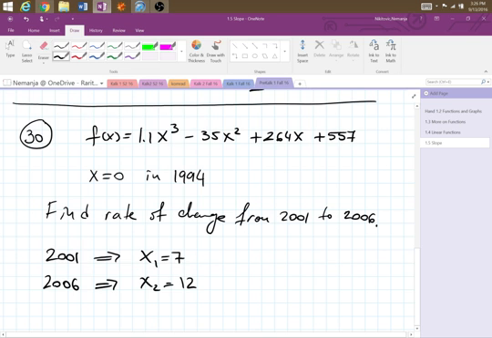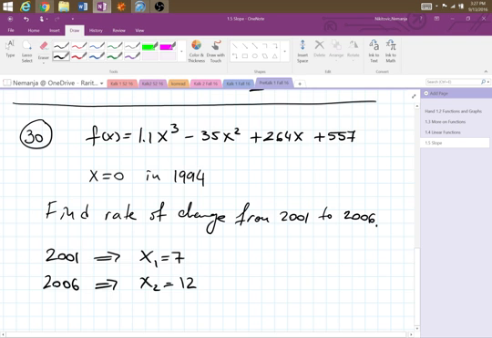So you set that as the beginning of time, and then you scale all other years according to this. If in 1994 the time was 0, then in 2001 it's 7 because it's 7 years after. 2006 is 12 years away from 1994. So I have that conversion, and now I have x1 and x2.